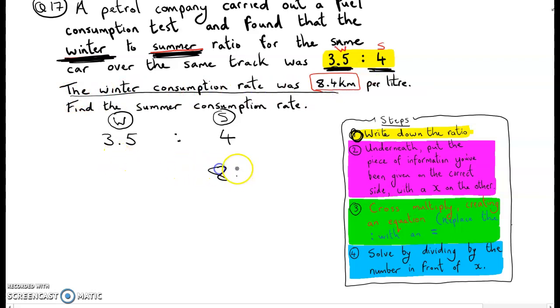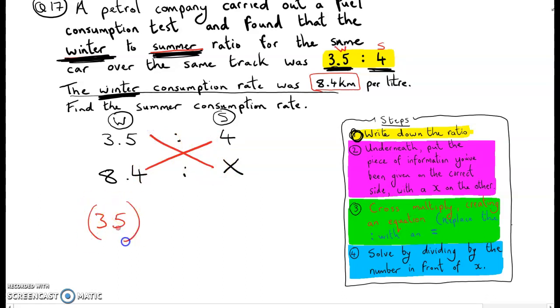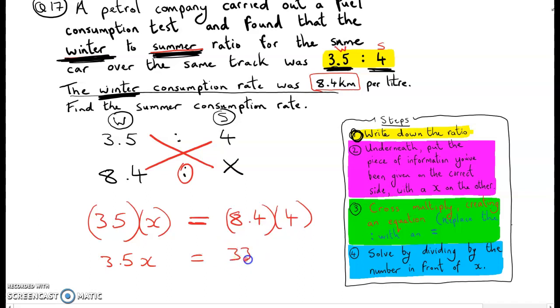That means I'm not going to put 8.4 over here. No way. Because that would be in the wrong place. We're talking about the winter consumption rate. So 8.4 goes here. And over here goes an x. I don't know what it is. Cross multiply. So 3.5, and the x comes up to it. So replace this with an equal sign, 8.4 by 4. That means 3.5x is equal to, what's that on the calculator? 33.6.